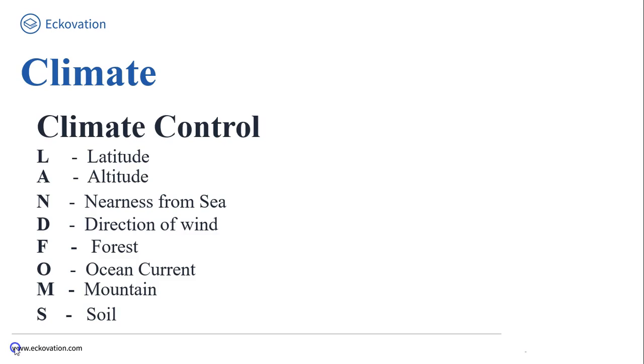Now, our next control is ocean current. Friends, when we talk about ocean currents along with onshore wind, they affect the climate of coastal areas. If warm and cold currents are flowing along a coastal area, then the winds in that area will also be warm and cold.